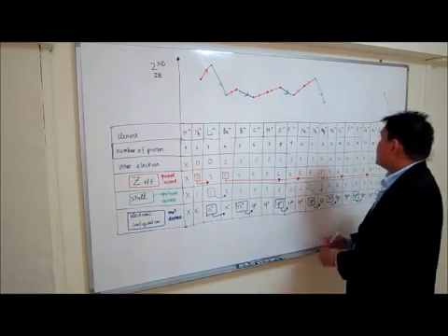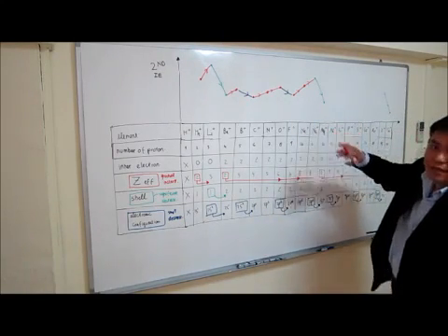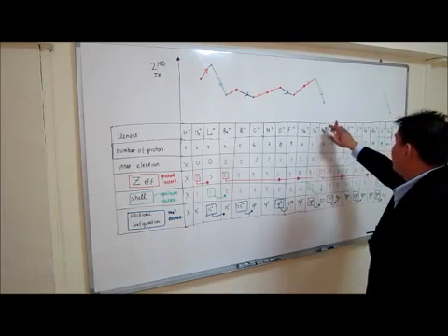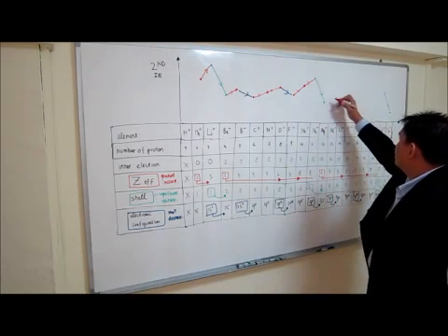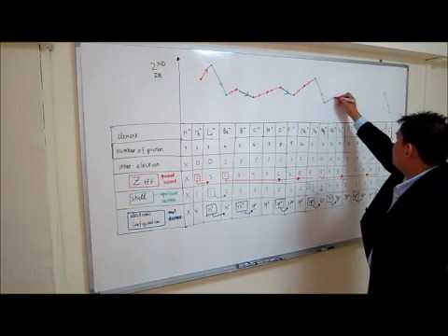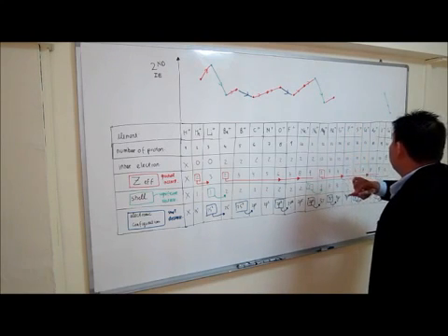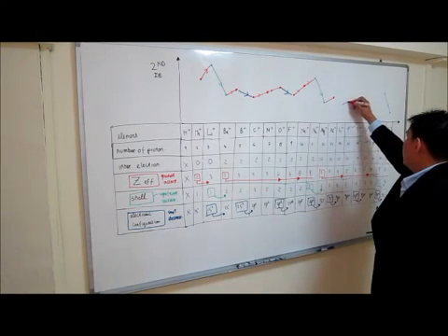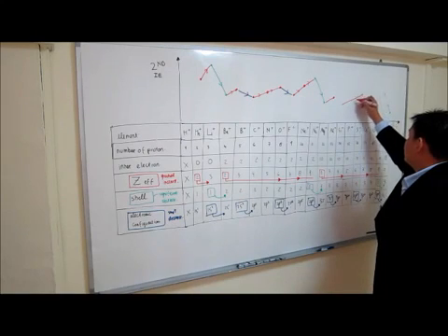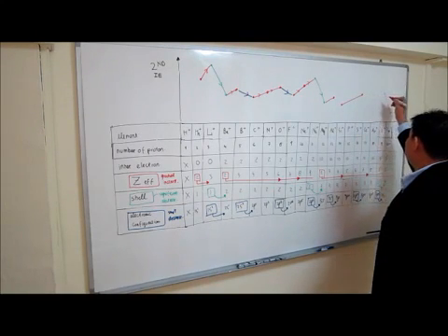We are going also to draw a similar pattern from Mg plus to K plus, a slight increase from magnesium to aluminium. Gradual increase also from silicon to sulfur.